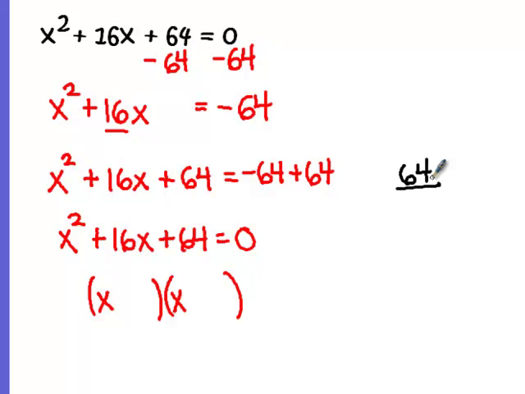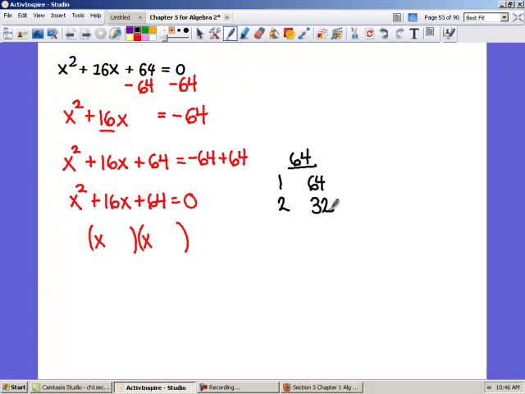If you want to go through your calculator, do 64 divided by 1, 64 divided by 2, 64 divided by 3, which does not work, 4, 16, and we have 5 cannot go into it, 6 cannot go into it, 7 cannot, but 8 and 8. And which one of these pairs will add up to our b? These two. So we write x plus 8, x plus 8.